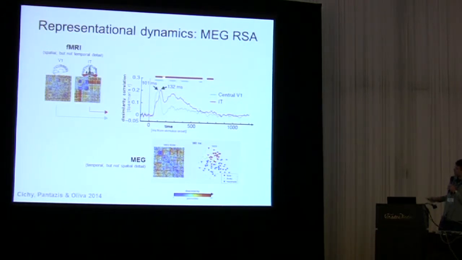Then you get these time courses of these components of the distance matrix as they emerge. For V1, it's a very early component in the MEG RDM movie, and for IT, it peaks a little bit later, then it goes down again, then it comes up, and then it stays up, it's quite sustained, and then it slowly fades.